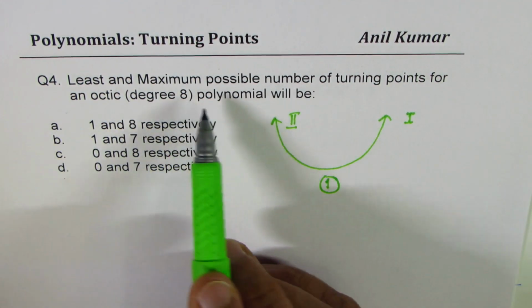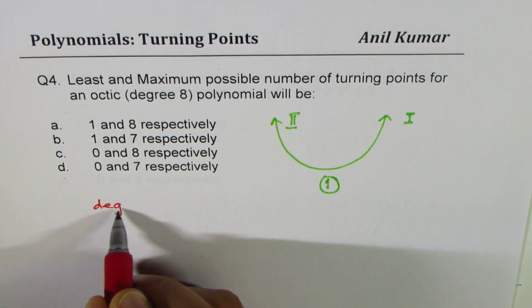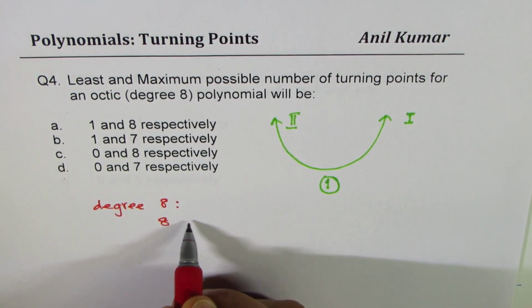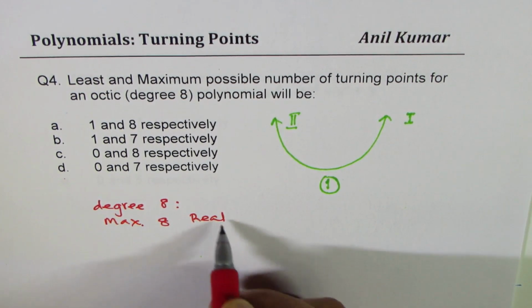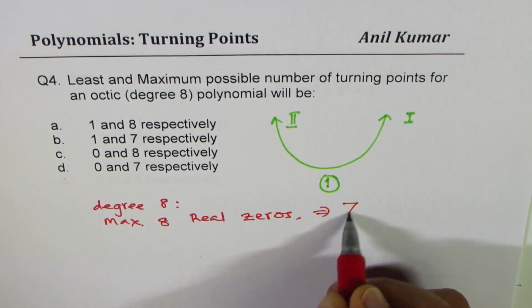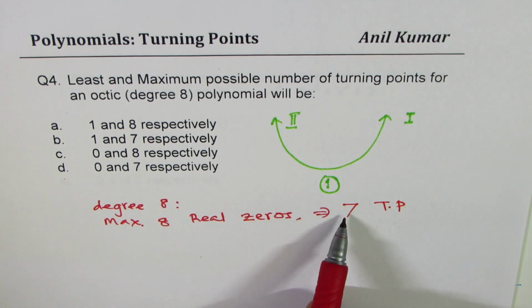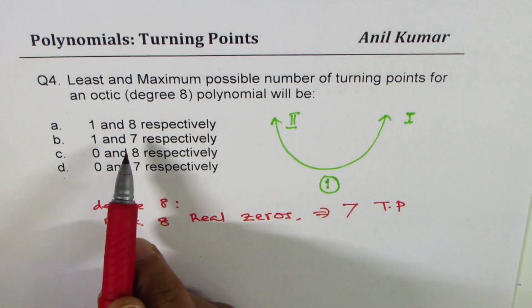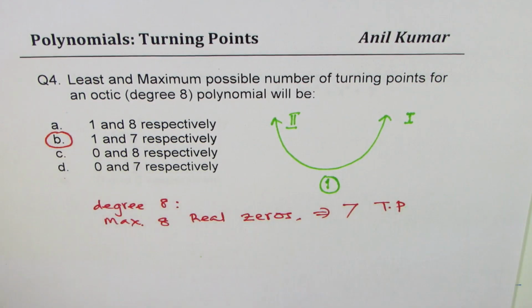That means 7 turning points, right? So we have degree 8. That means we have 8 real zeros, and that implies 7 turning points, correct? So maximum could be 7 turning points and minimum is 1 when it is even degree, right? So the answer is 1 and 7.